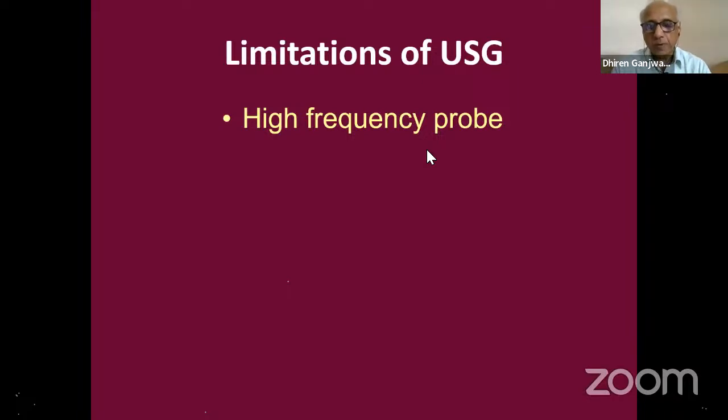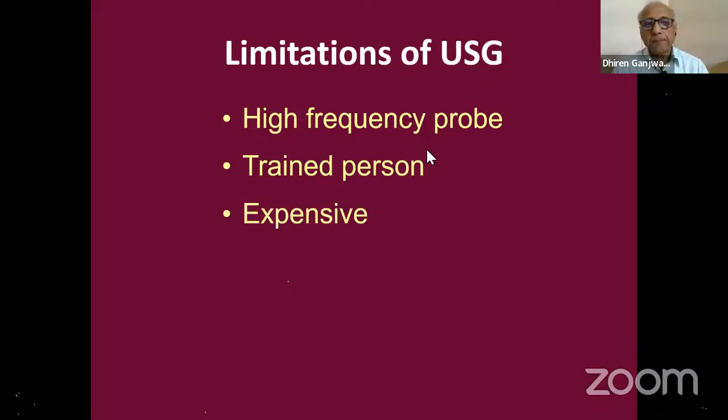We need a different probe, which may not be available everywhere. Examination of DDH, usually carried out by the Graf method, requires proper training. And we don't have sonologists in every nook and corner of India who are able to carry out sonography of the hip for DDH very reliably. And compared to X-ray, it is an expensive investigation.